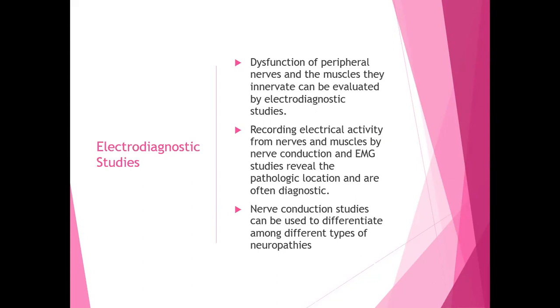So nerve conduction studies are done on the surface to differentiate among different types of neuropathies. Electromyograms are done with electrodes that actually go into the muscle that measure the electrical activity in the nerves and muscles. So you find out different things from the different kinds of studies.